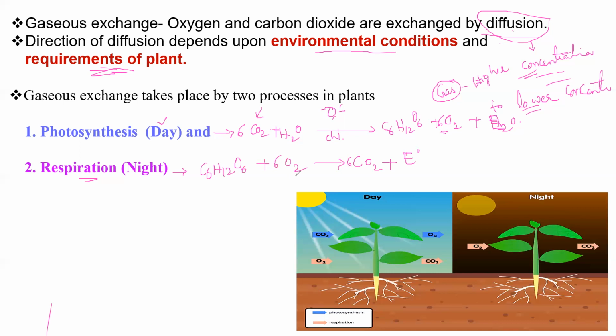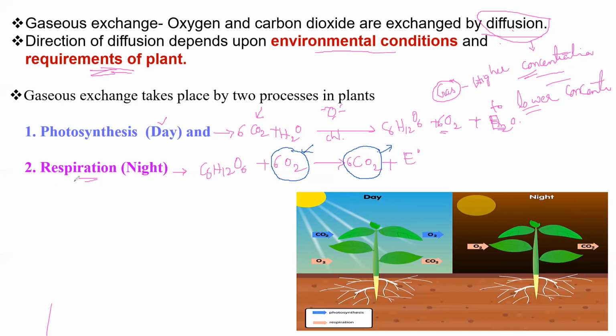This is the respiration. In the respiration process, oxygen is utilized by the plant and carbon dioxide is released by the plant. It got utilized and carbon dioxide got released.